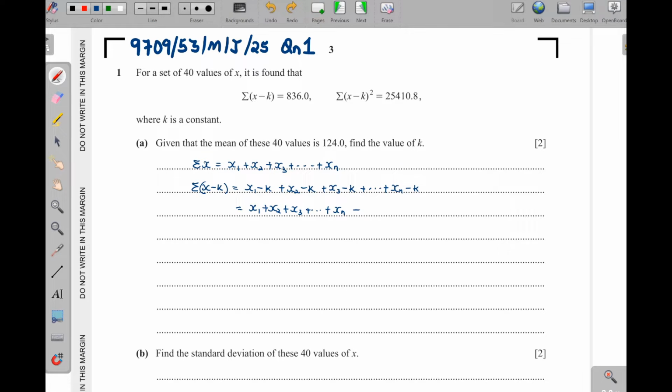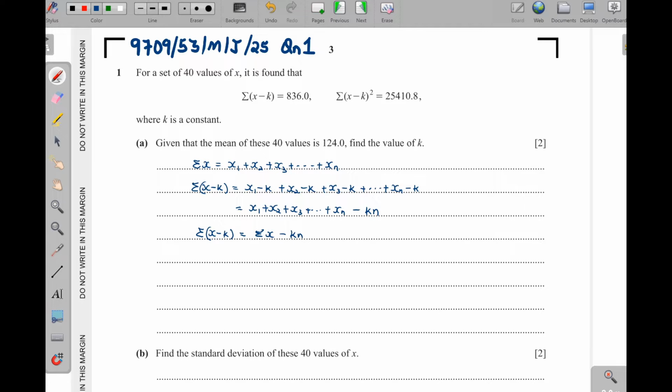But here I have xn, that means the x values are n. So meaning we are going to subtract k n times. So there you have kn. But this simply implies that summation of x minus k is going to be equal to summation of x, and then minus kn. So that is the connection.